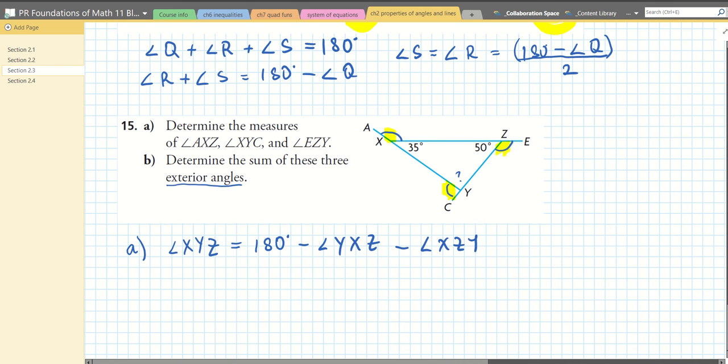Now we can plug in the numbers: 180 minus 35 minus 50. So what does that leave us with? 95.